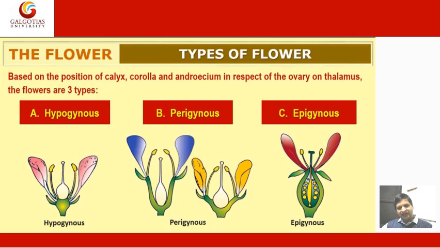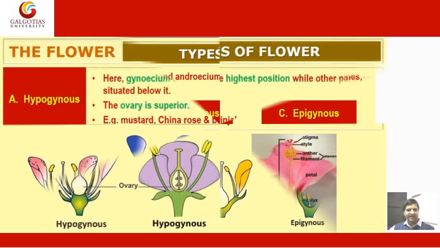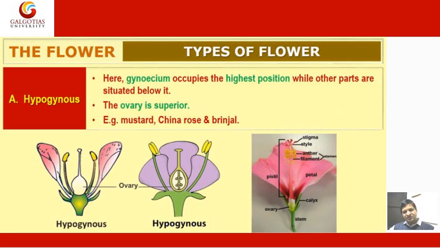Examples of hypogynous, perigynous, and epigynous with live specimens are given here for better understanding. In hypogynous, the gynoecium occupies the highest position while other parts are located below it. The ovary is superior, as in mustard, China rose, and brinjal.